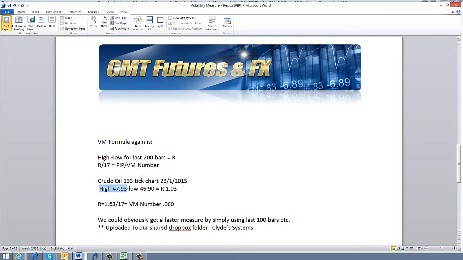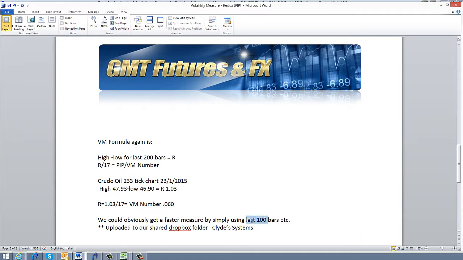We take our R value and divide that by 17, and that equals our VM number. Our VM number there is 0.060.